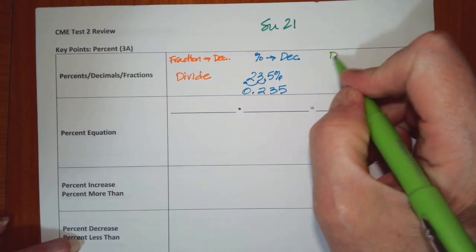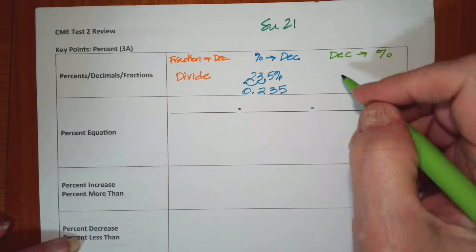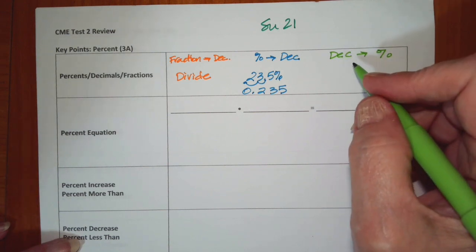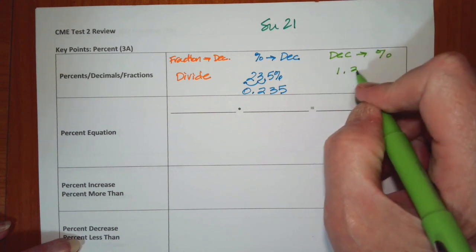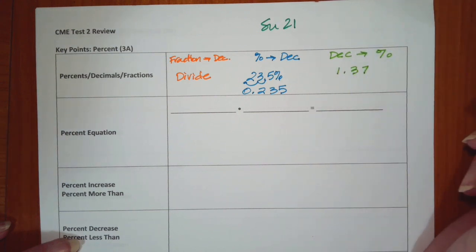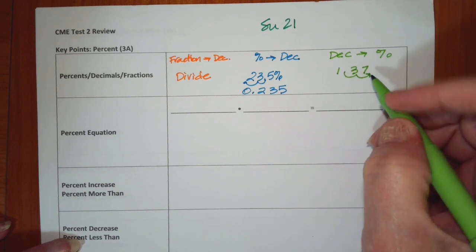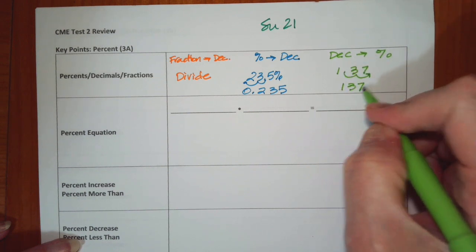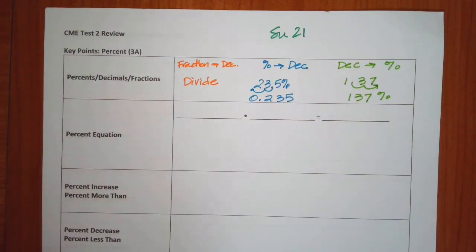If I want to go from a decimal to a percent, let's say I have 1.37 and I want to turn that into a percent, I go 2 places to the right and that becomes 137%. Okay, so we know how to do this.